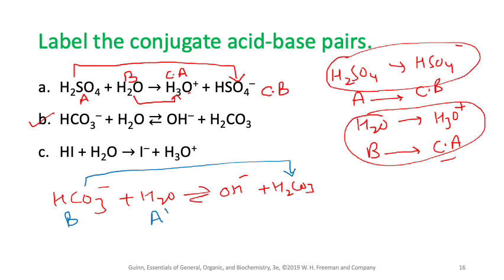After donating the proton, water itself is converting into OH negative ion. So acid is going to convert into a conjugate base, and base is going to convert into a conjugate acid, because now it has one more extra proton than the parent molecule. That's why it's an acid. So this is a pair, base and conjugate acid for HCO3 negative, and for water and hydroxide ion, this is a pair. Let's do the third one.